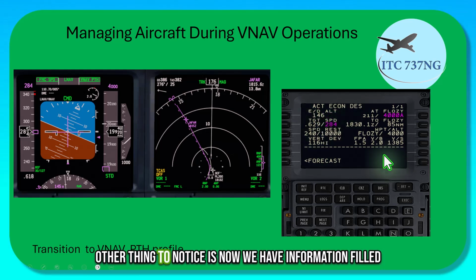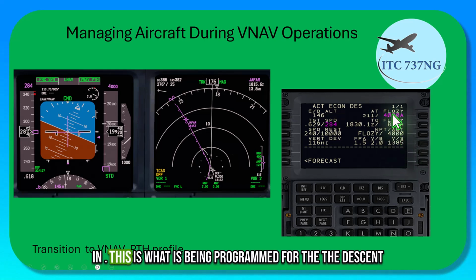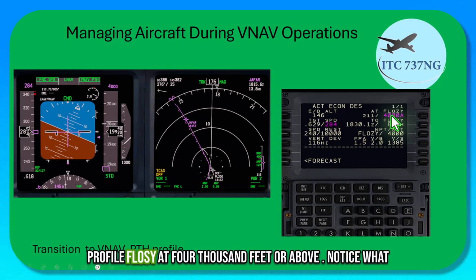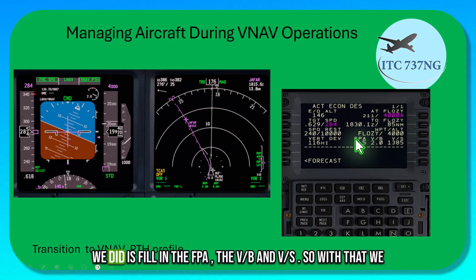Now, the other thing to notice is we have information filled in. This is what is being programmed for the descent profile: Flossie at 4,000 feet or above. Notice we fill in the flight path angle, the vertical bearing, and vertical speed.